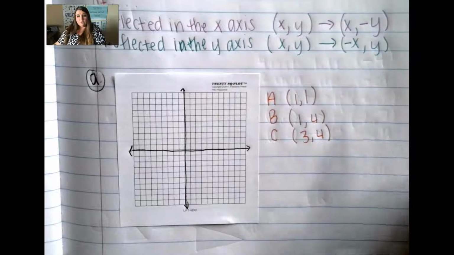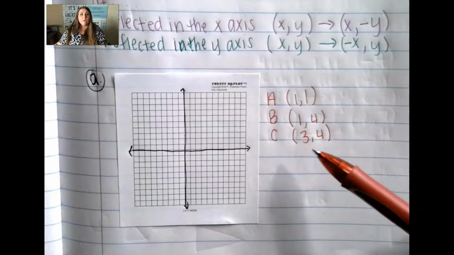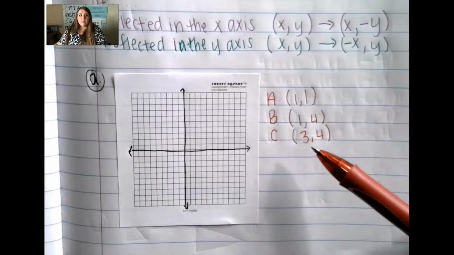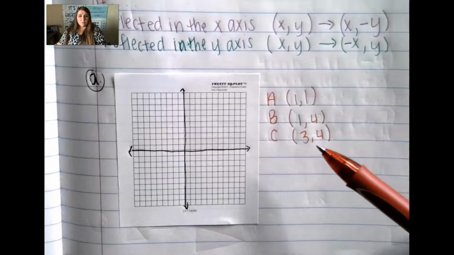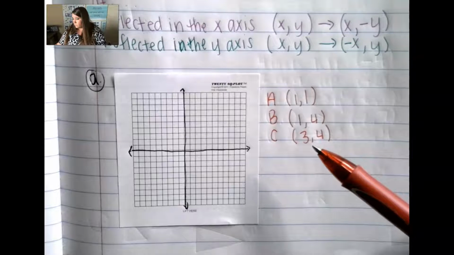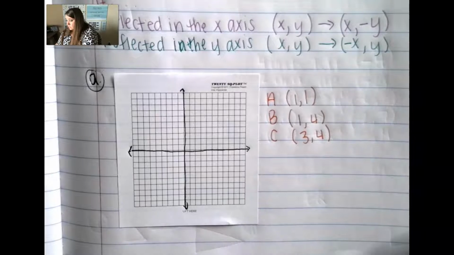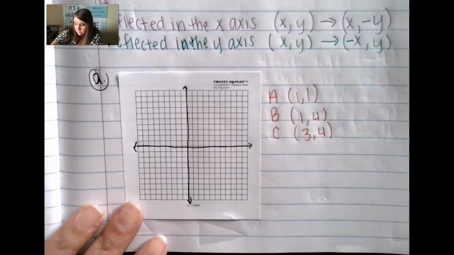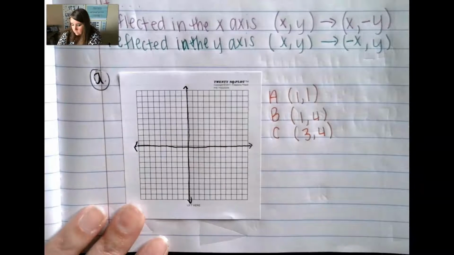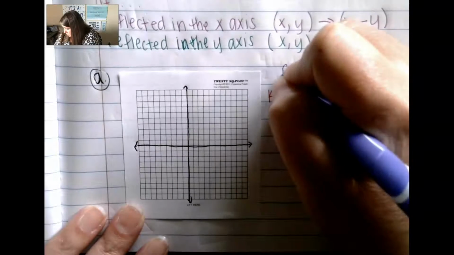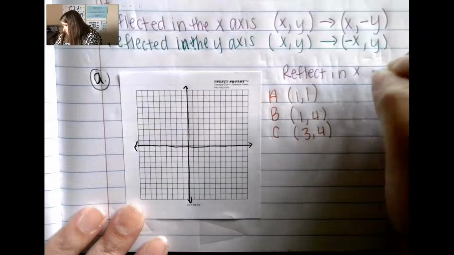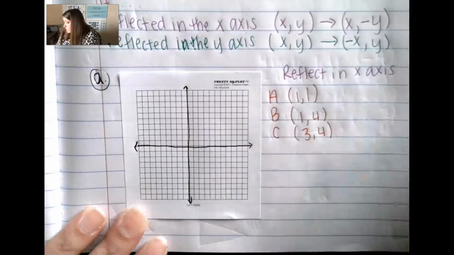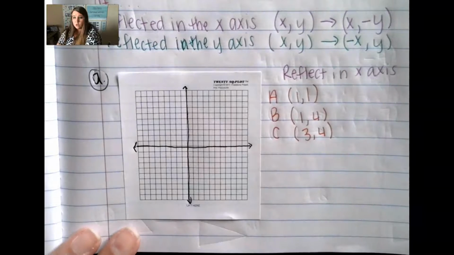They want us to first draw this triangle, and then reflect it over the x-axis. So we're going to reflect it over the x. Let's start first with this red triangle.